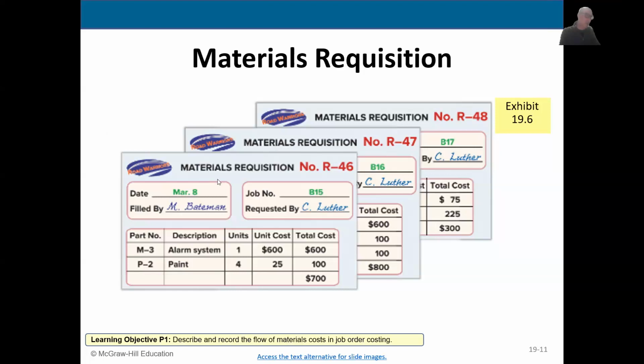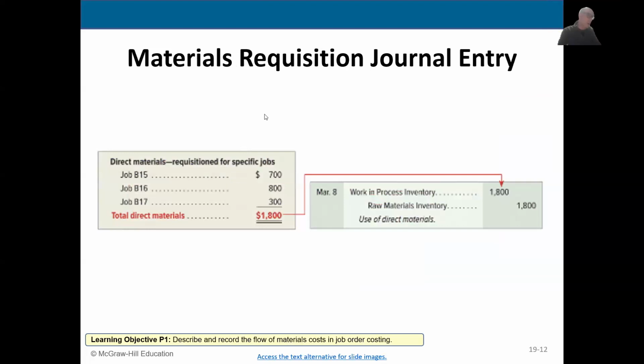The reason these materials requisition forms are so important is because I need to update my inventory based off of those requisitions. So in this example, I have 3 different jobs with 3 different requisition forms for those raw materials. I total them all up, and it's $1,800 worth of raw materials that I requisitioned, meaning transferred from raw materials to work in process.